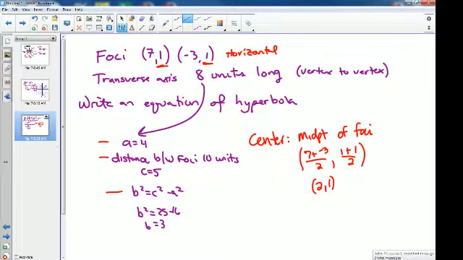Now, this usually will be pretty easy. It's a vertical or horizontal. But you can use the distance formula if you really want to.